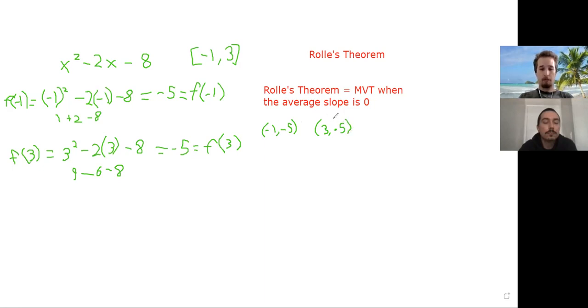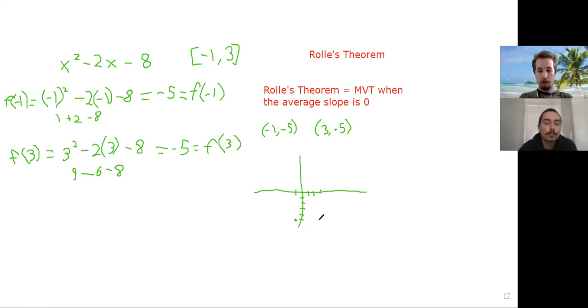So this is a special type of MVT problem. You can solve it the same exact way as MVT, where the y values of both endpoints are the same. So you look at it on the graph. You got -1, right here is one endpoint, and then you go forward 3.